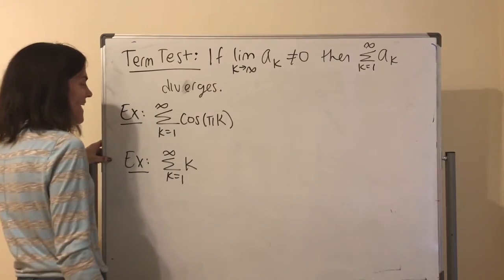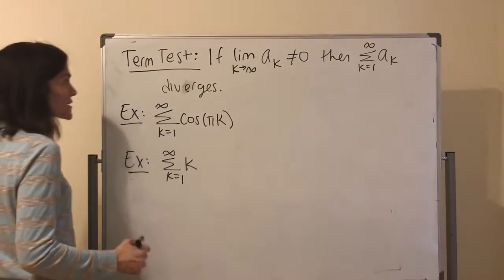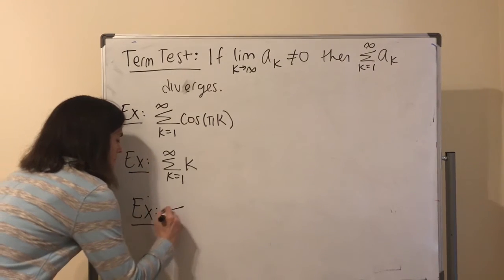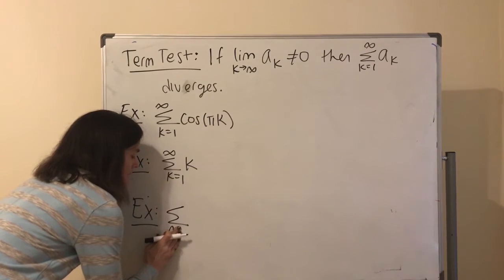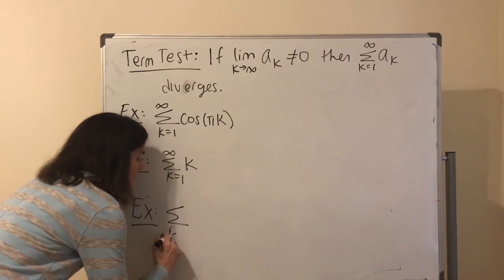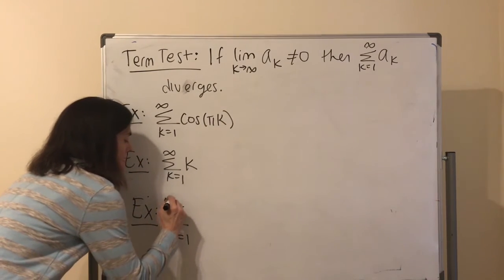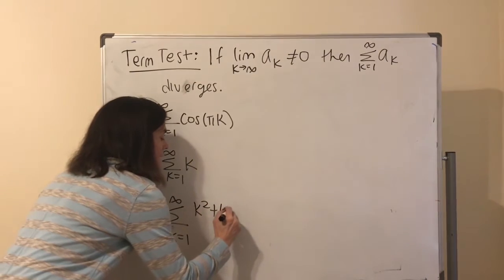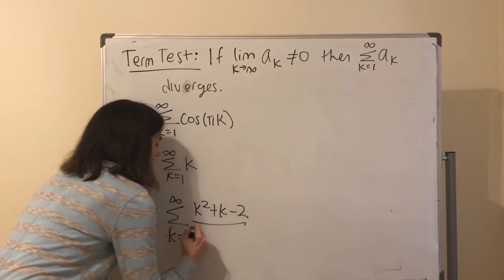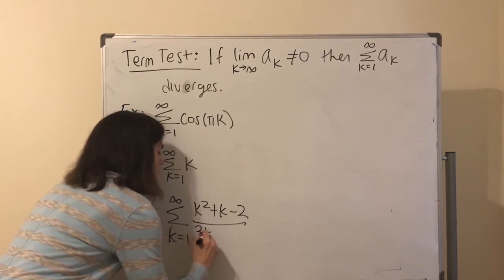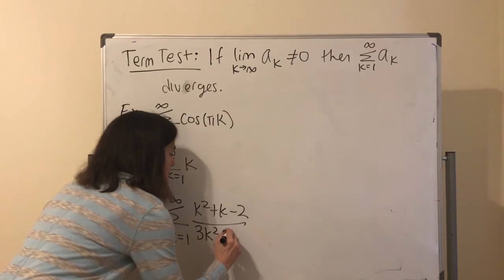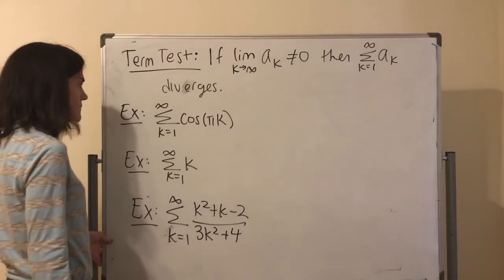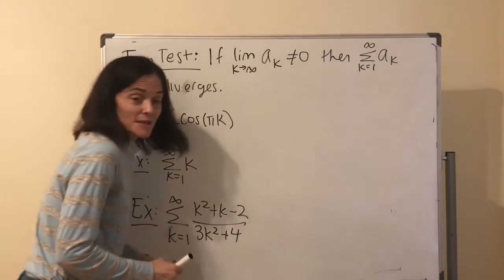Both of these we can use the term test, but let's even get to something that seems not something we have seen. And something that I would not want to try to write out what S_n is. Well, I don't know, we could do something like k squared plus k minus 2 over 3k squared plus 4. Now, term test.